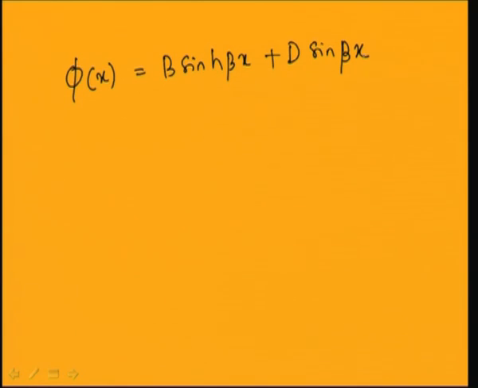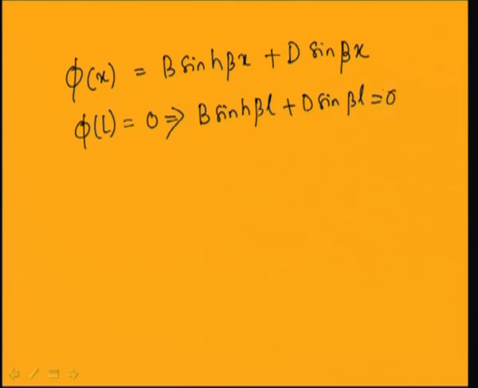Now, I will apply the other two boundary conditions, that is phi L equal to 0. So, phi L equal to 0 gives B sinh beta L plus D sin beta L equal to 0.